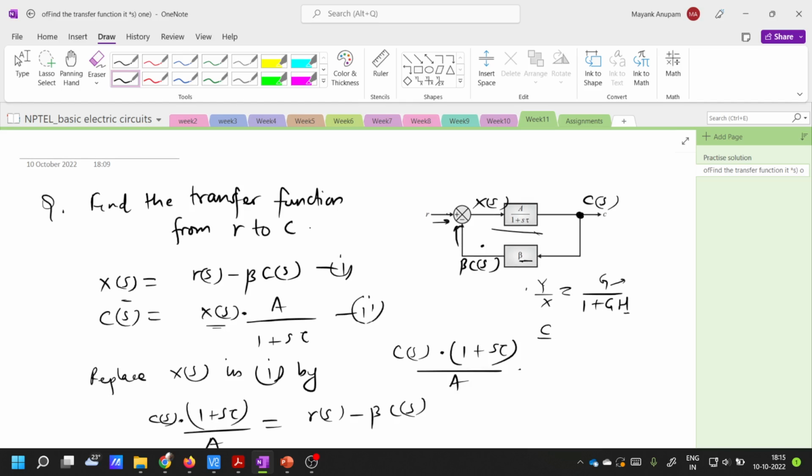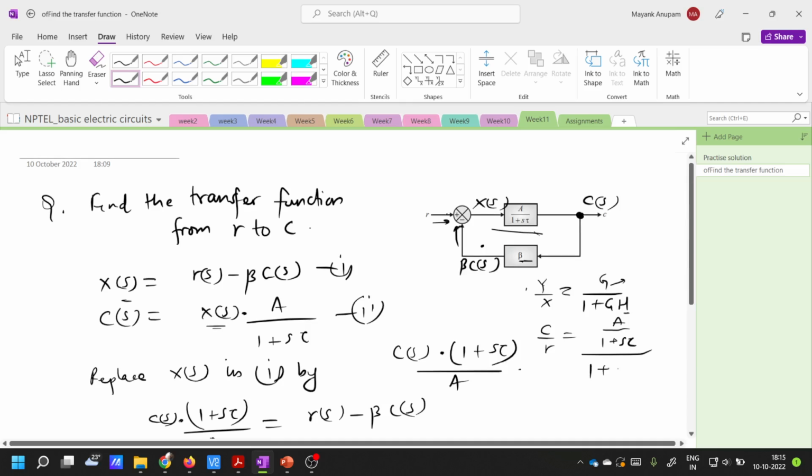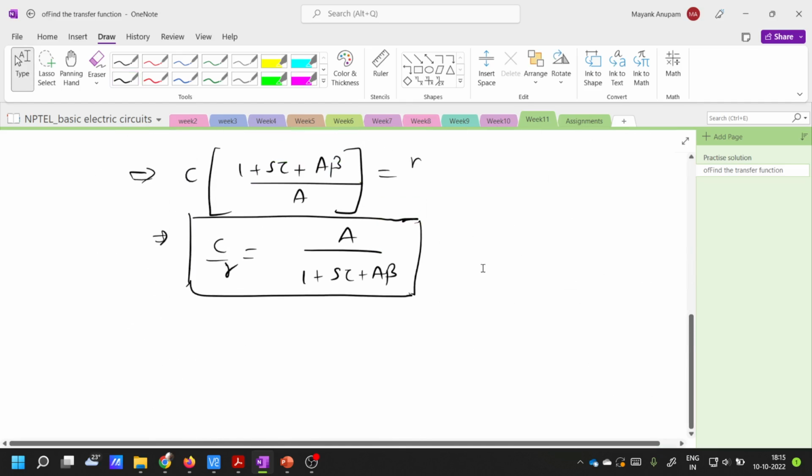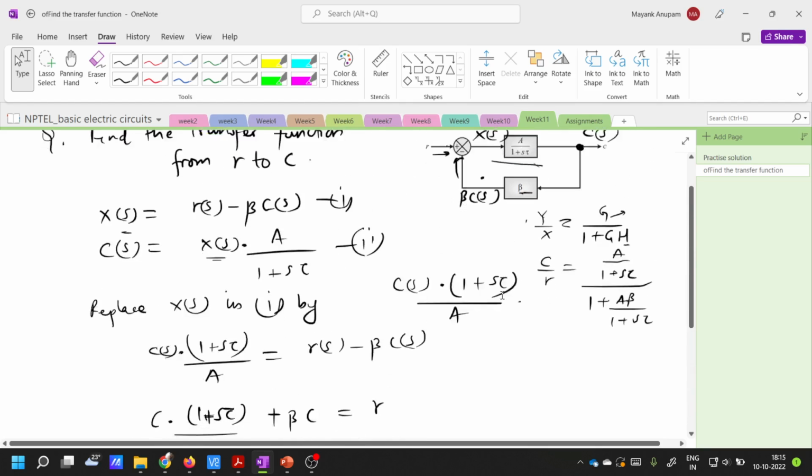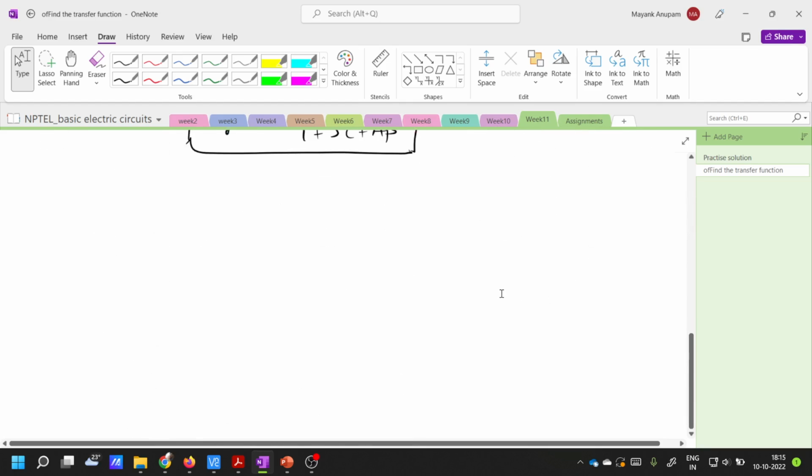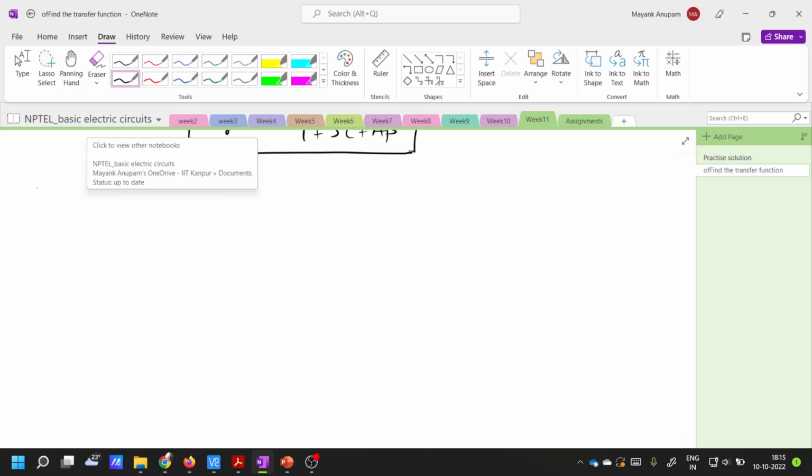So it could have been directly written like this: C by R is equal to A divided by 1 plus S tau divided by 1 plus A times beta divided by 1 plus S tau. And if you solve this, you will again get the same answer that we found out here. Okay. So I guess there is no doubt in this question. Fine. Moving ahead.